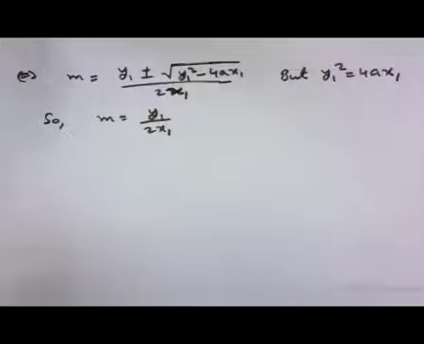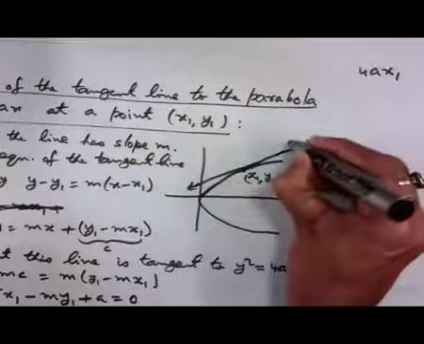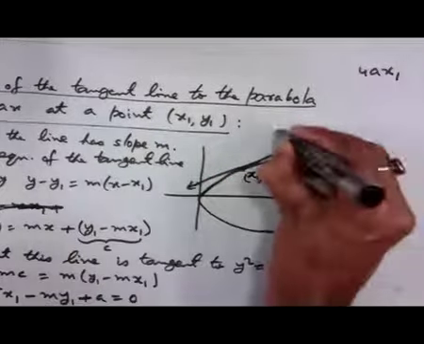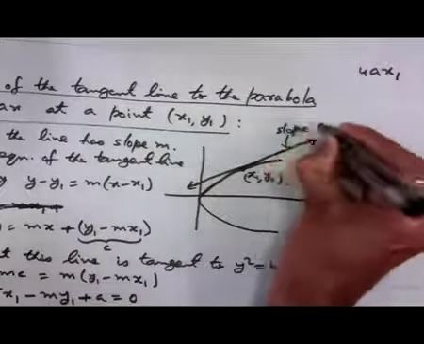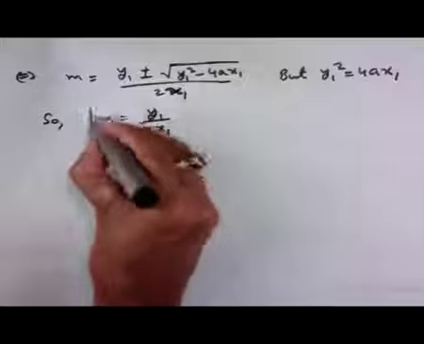So, the slope of this tangent line is m equal to y 1 by 2 x 1.